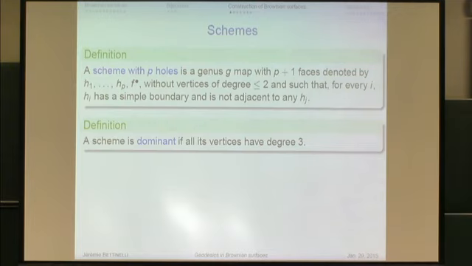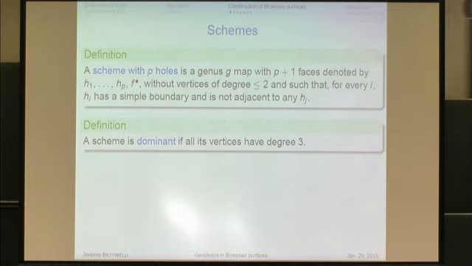But I didn't explain the construction very well. If you remember the face you started with, and the face you added, no edges of the face you added were here, so the faces cannot see each other in that sense. Okay, and we will also say that the scheme is dominant if all its vertices are of degree exactly 3.